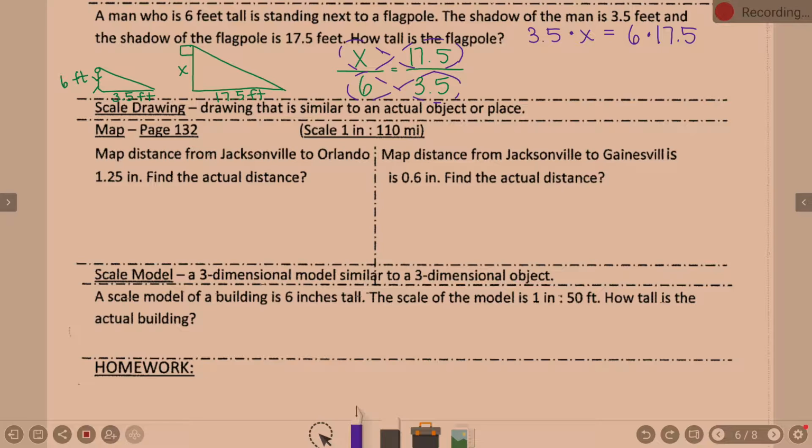I'm trying to make sure that you guys can at least solve this, set it up. I think I got it. So 3.5 times x is 3.5x. What's 6 times 17.5? Is it 86?